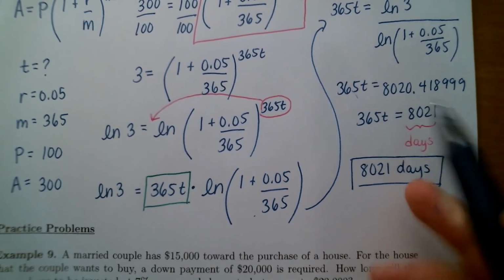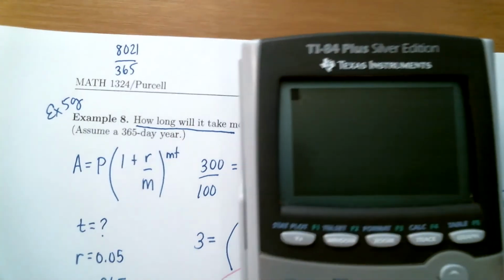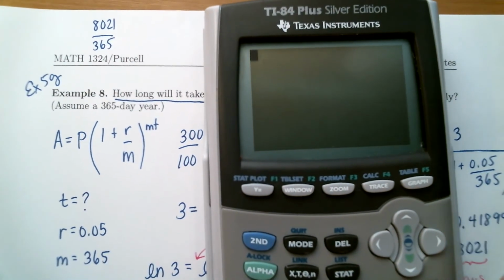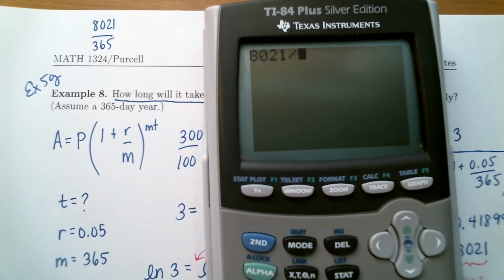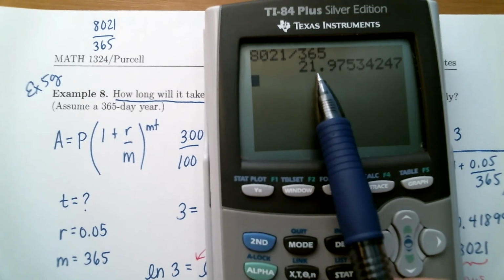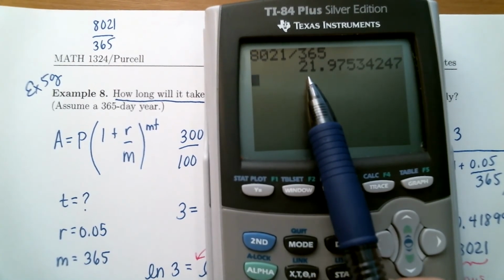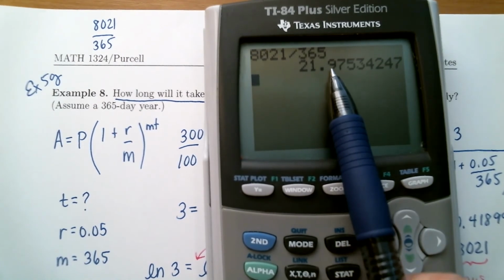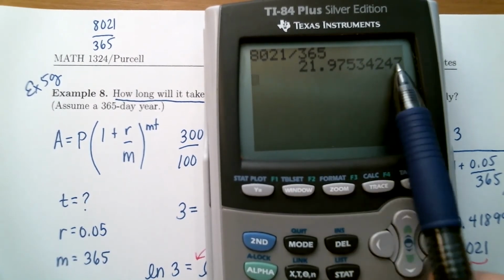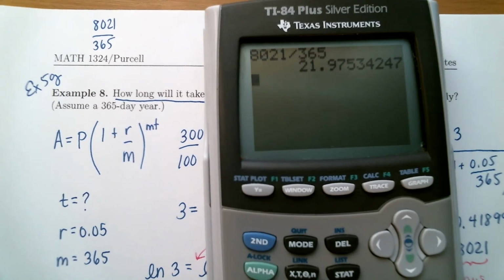So we're going to take 8,021 divided by 365, and you're going to get this decimal. Notice this 21 point. This indicates 21 whole years and then some. This number is very close to 22. So it's going to take us almost 22 years to triple the money.